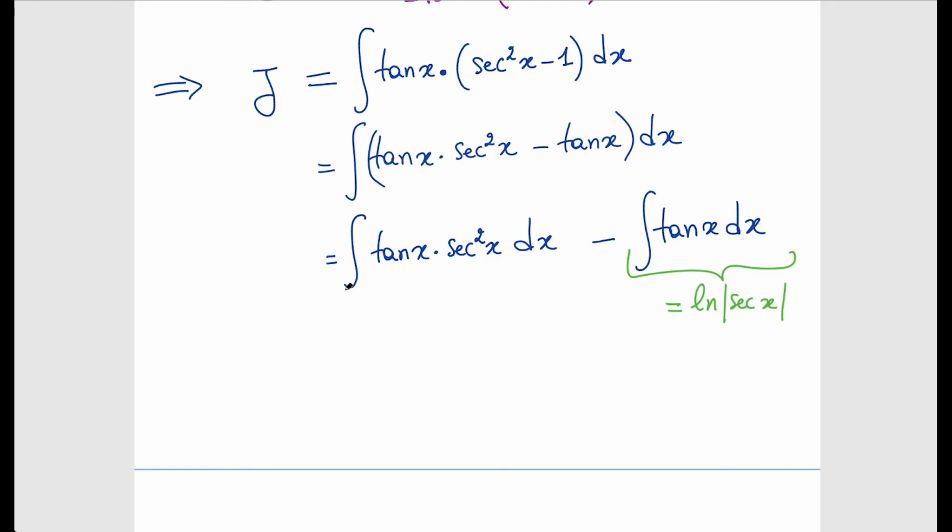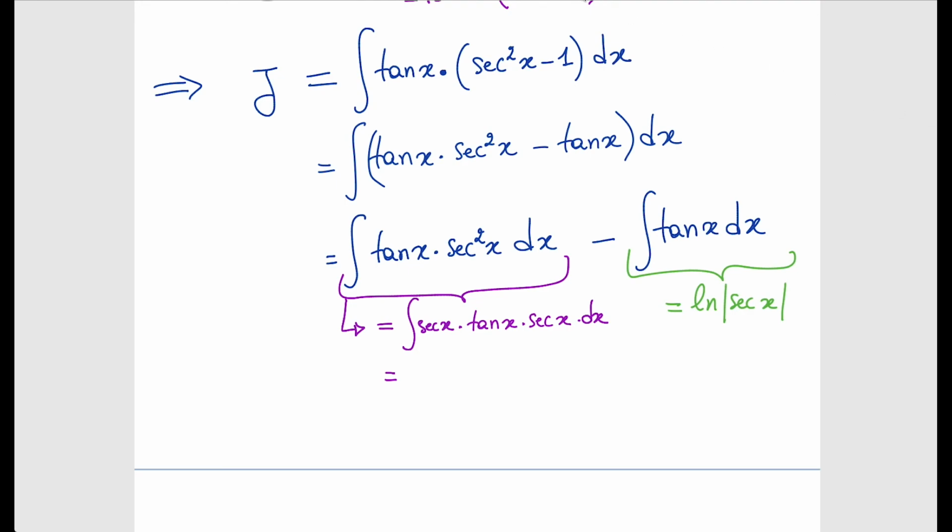One way, I can write this as tan x times sec x times secant, so this is the same as secant squared tangent, times dx, right?